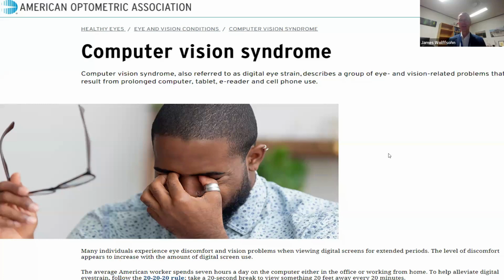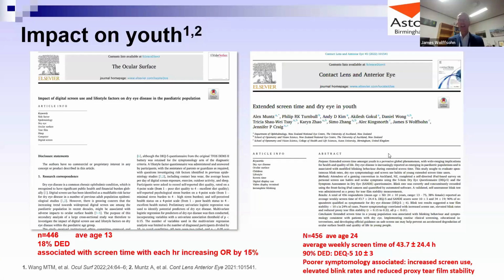Now, traditionally, when we think about discomfort of the eyes, largely we're thinking dry eye, and largely we're thinking about people who are older. But we now know that actually quite a lot of children are also affected by dry eye. So these are a couple of relatively recent papers from our group. The first was on 446 children, average age of 13 years.